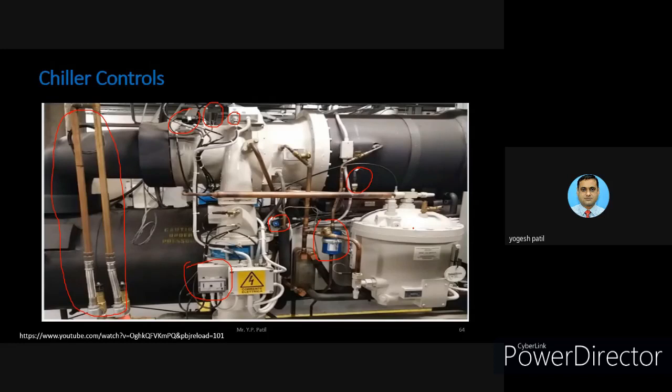The condenser is part of the heat exchanger, and the evaporator is also part of the heat exchanger. So freezing and bursting will happen if we are not properly measuring the loop water, either the chiller water loop or the condenser water loop. So this is checked with the help of flow sensors.